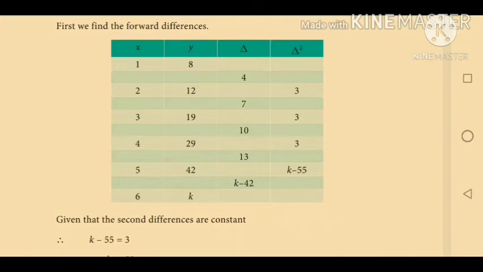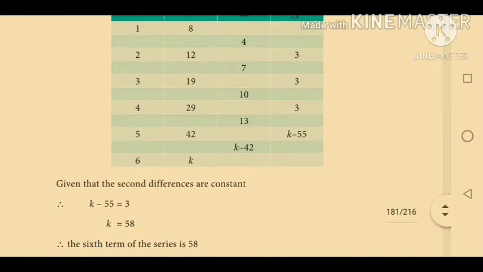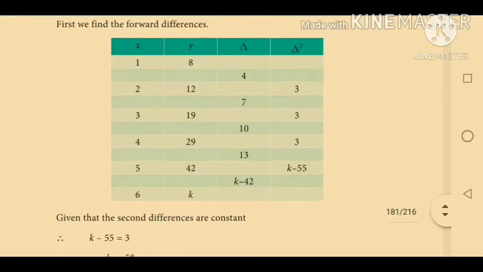Then the third column, delta y, is found by 12 minus 8, 4. 19 minus 12, 7. 29 minus 19, 10. 42 minus 29, 13. And k minus 42. Then delta square y, the fourth column: 7 minus 4, 3. 10 minus 7, 3. 13 minus 10, 3.